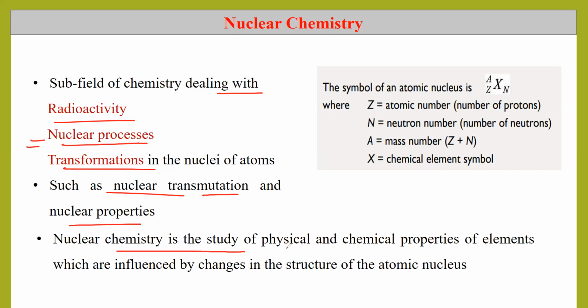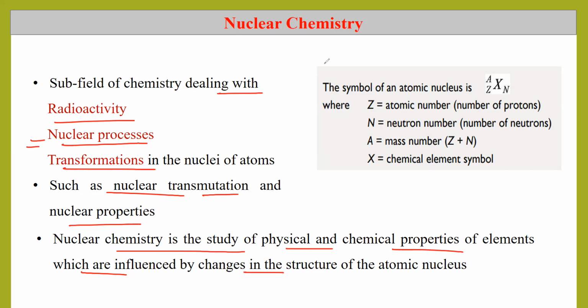Nuclear chemistry is the study of physical and chemical properties of elements which are influenced by the changes in the structure of the atomic nucleus. So what is nuclear chemistry? These are the physical and chemical properties of elements that change with the structure of the atomic nucleus. Changes means the number of protons may be changed, the number of neutrons may be changed, and if the number of protons is changed, then ultimately the nucleus is changed.